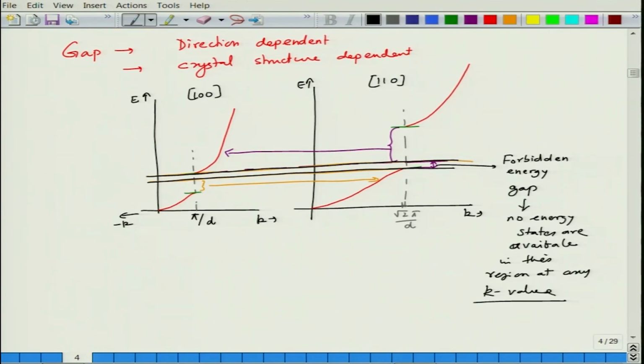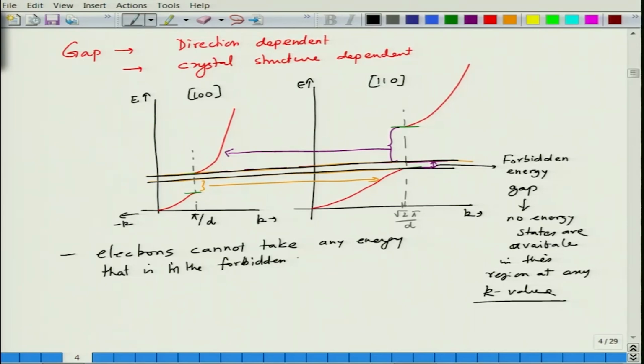And this forbidden gap is basically, you can say, electrons cannot take any energy that is in the forbidden gap, because there are no states for it to reside.